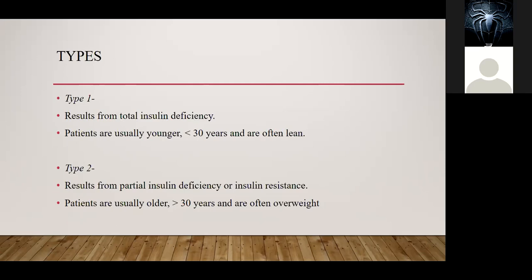Okay. And then there's type 2, in which case sometimes the insulin is even there, but then, as I said, there's a resistance because the receptors where this insulin is supposed to be binding have been covered by something else, if you can look at it that way.